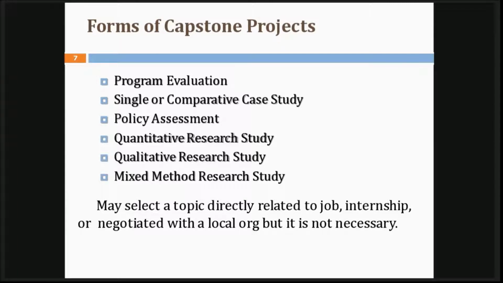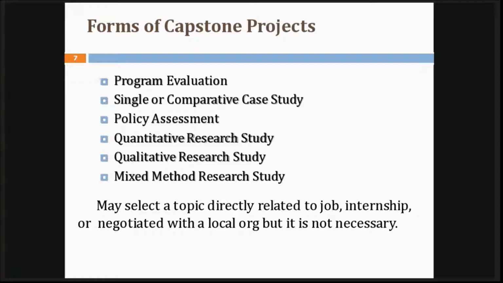Then we also have students do research type of paper, where students can do either a quantitative research paper where they try to use statistical analysis to solve some problems or to test a research hypothesis. And it could be qualitative as well. You conduct interviews, find answers to certain qualitative questions.